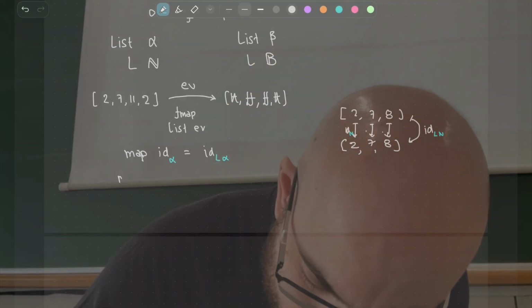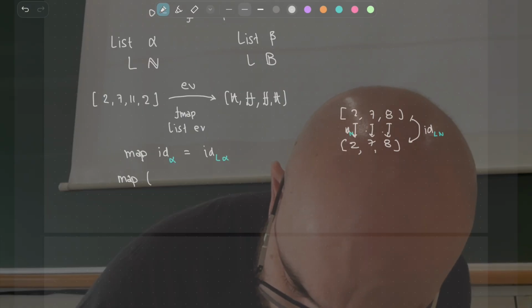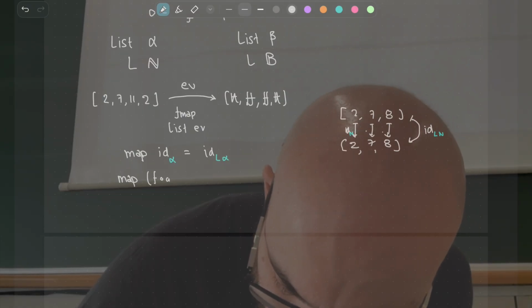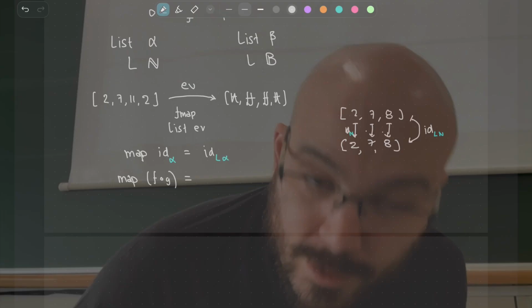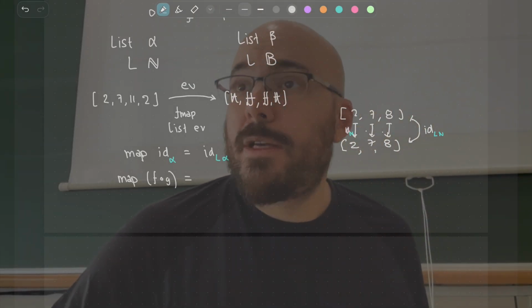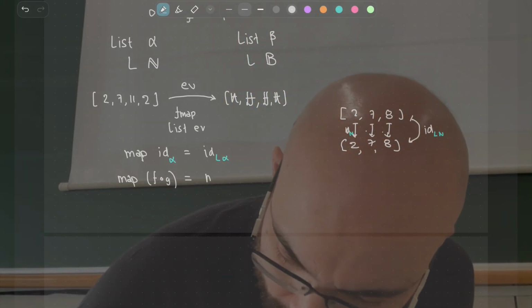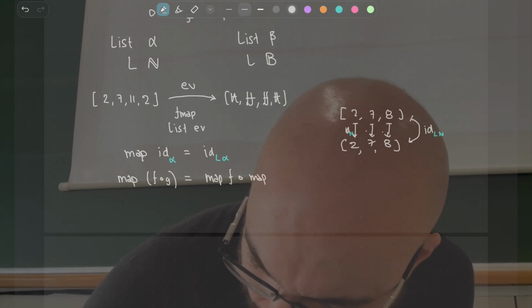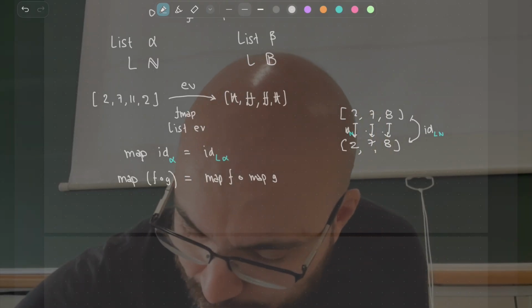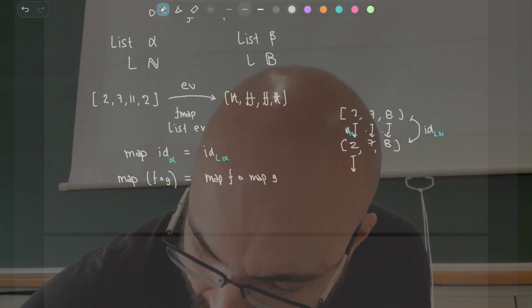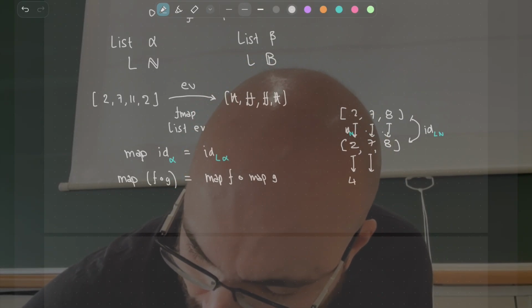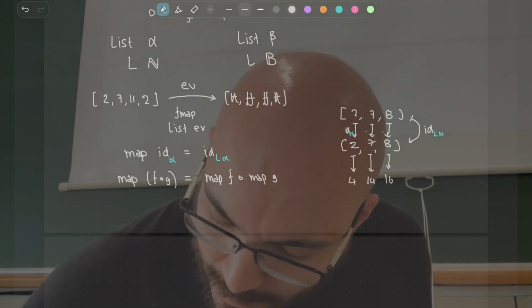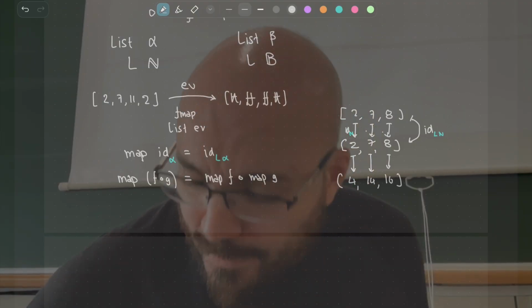Map, composition. Exactly. Which means that if I go on with a different function here, maybe a double now, 14 and 16, I will get this to a list.